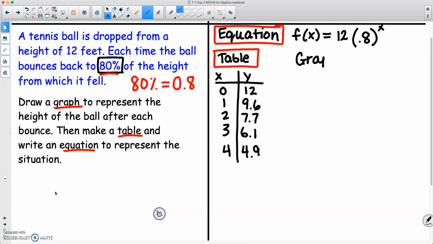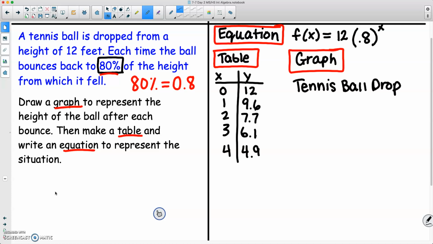So the title of my graph, I'm going to call this one Tennis Ball Bounce or Tennis Ball Drop. So I've got height of the tennis ball, and I've got the number of bounces.